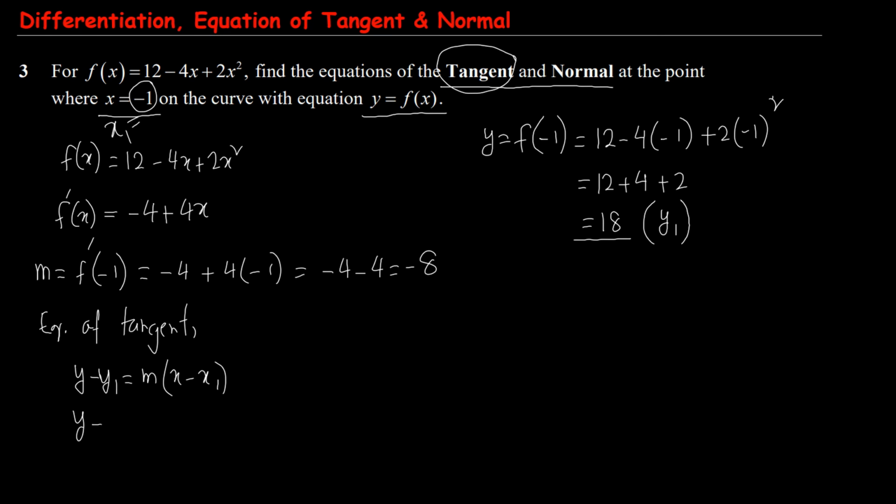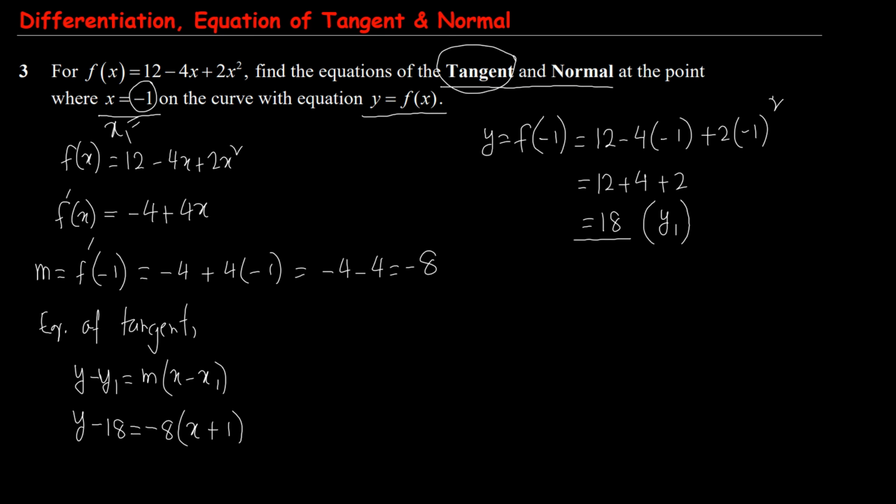So put our value of y1 which is 18, and the gradient we got from here, minus 8, x minus minus 1, so it makes the positive 1 because x1 is negative.